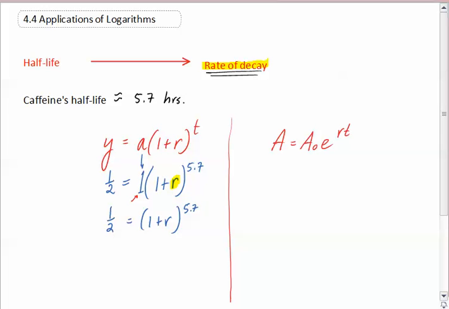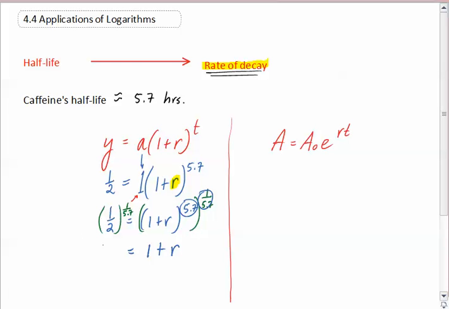I don't want to do some crazy form of FOIL 5.7 times. That's impossible. So here's what we're going to do. We're going to manipulate this and raise it to the 1 over 5.7 power. Why in the world? Well, because we have a power raised to a power, we multiply, and that cleans up the exponent spot.